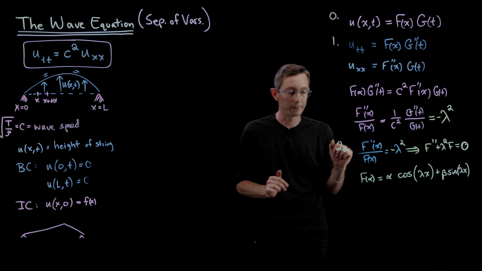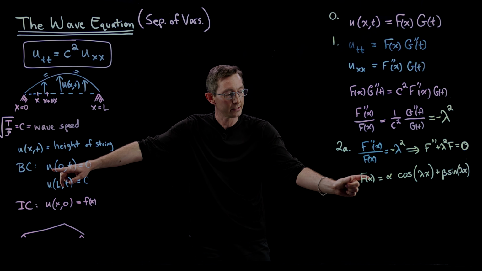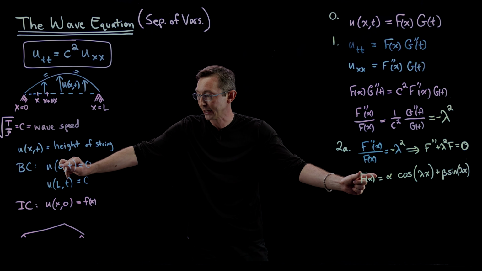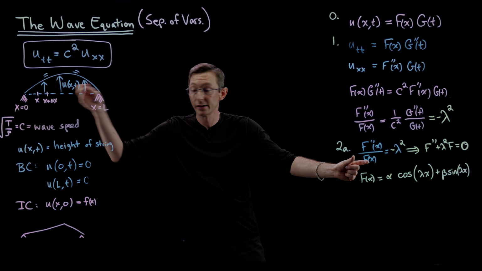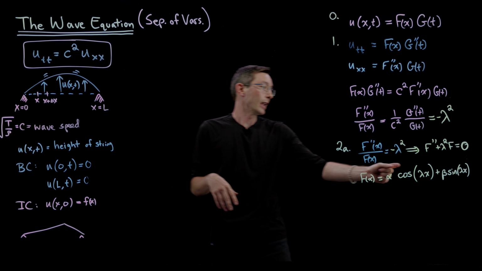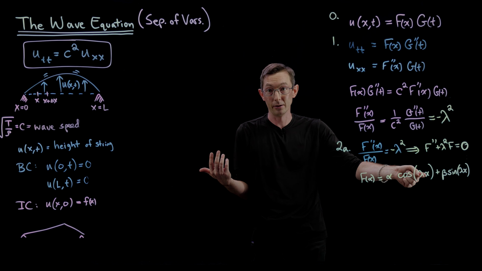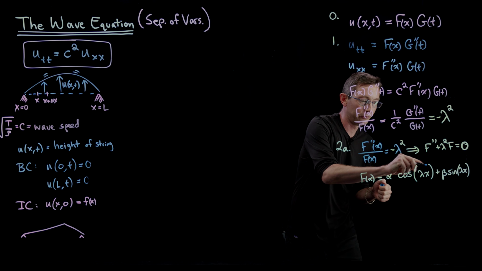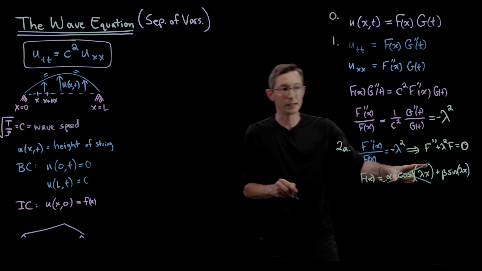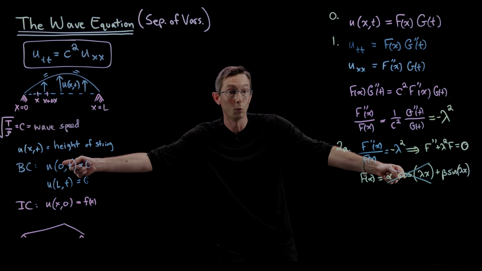This is the solution. And what we know is that the only way that this function f can satisfy both boundary conditions, being 0 at x equals 0 and x equals L, is essentially, cosine is never going to be 0 at x equals 0. So the only way we can solve this is to have alpha equal to 0, no cosine part, because cosine of 0 is always equal to 1.